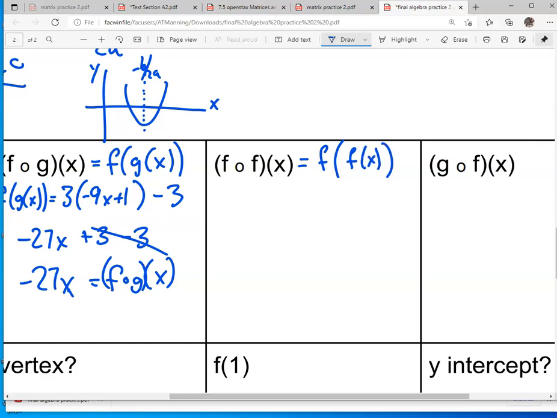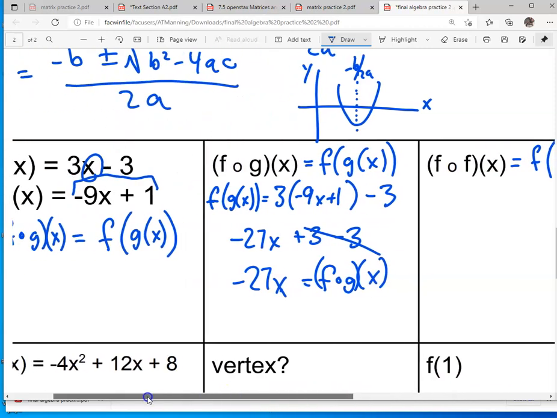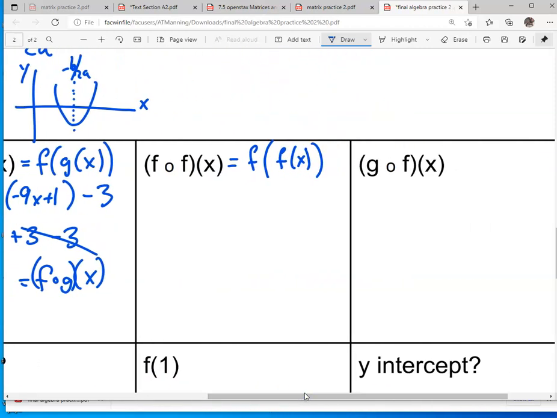All right, well, what is f? Well, that's 3x minus 3. So f is 3 times some input minus 3. Well, what's the input? It's f of x, 3x minus 3.